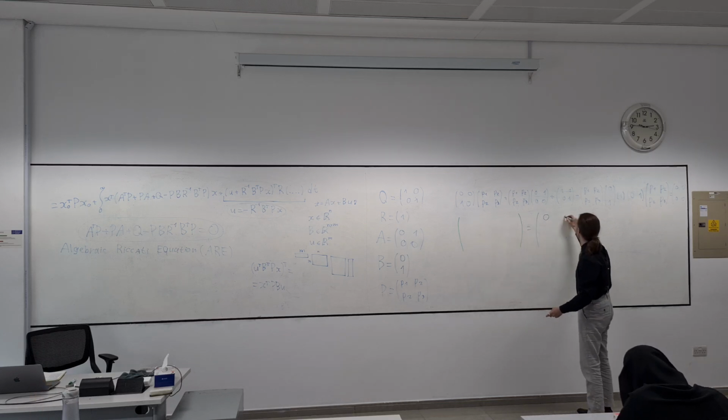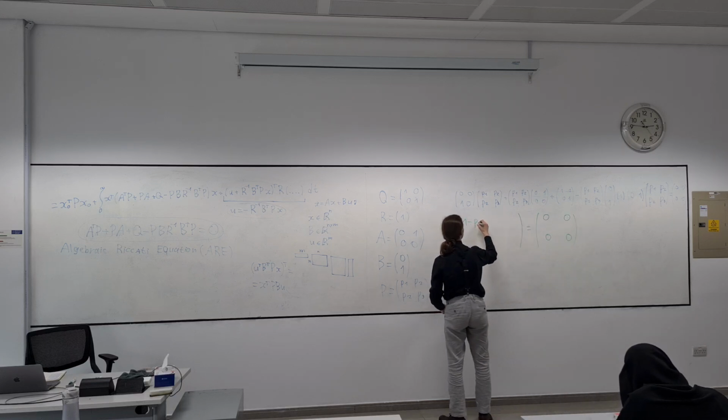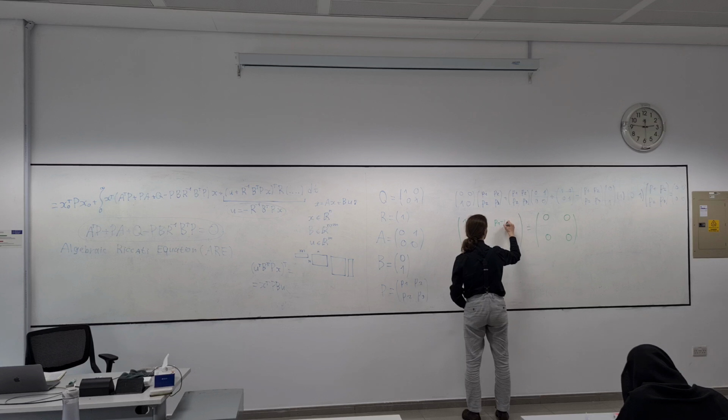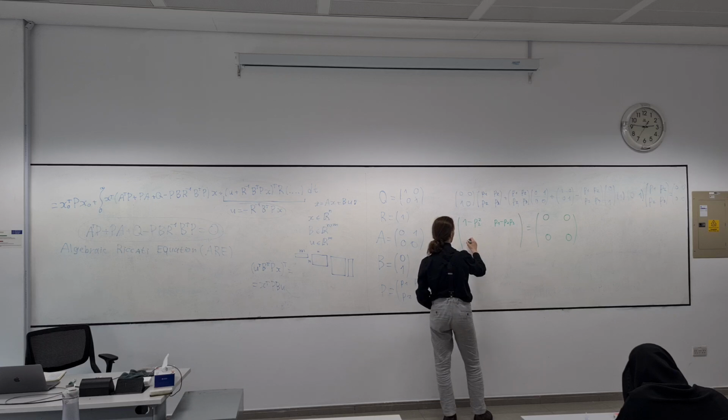1 minus B2, square. 1 minus B2 square, B1 minus B2 times B3. And then the same for the other corner.